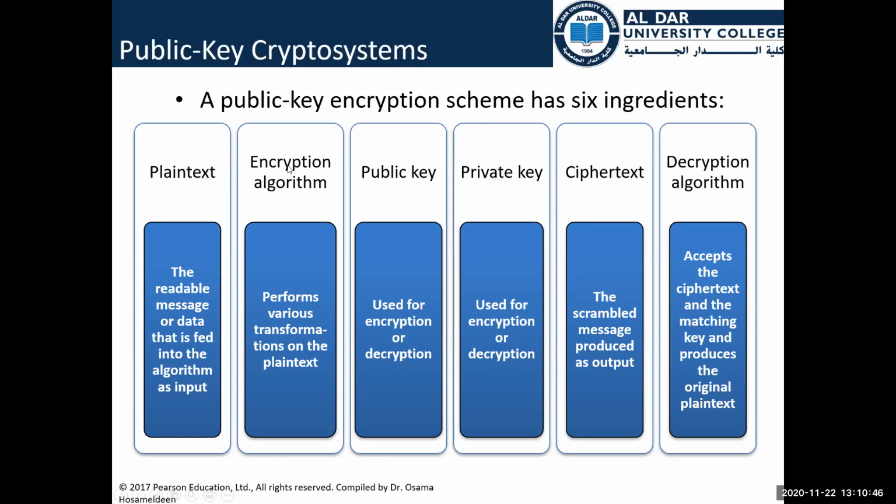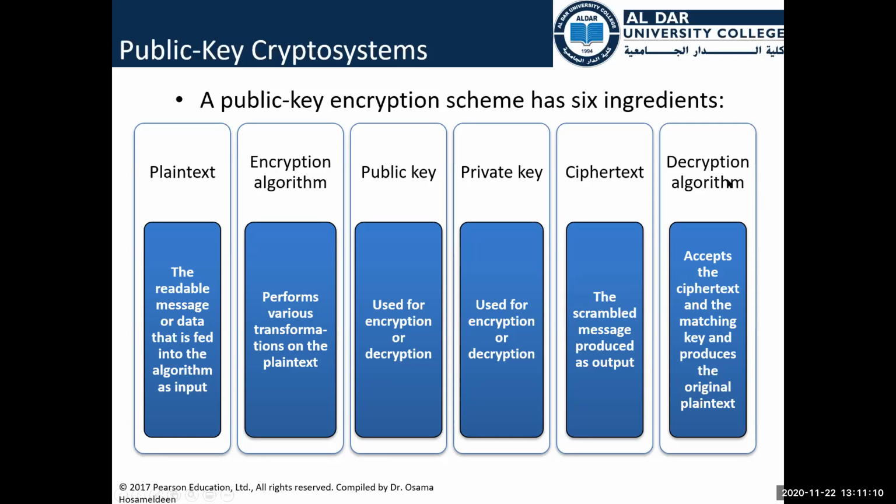After applying the encryption algorithm on the plain text, we come up with the ciphertext. The last thing here is that we can have an encryption algorithm and a decryption algorithm. Actually, we can have the same algorithm for encryption and decryption, but this is not common in public key encryption, as we have seen in symmetric encryption.